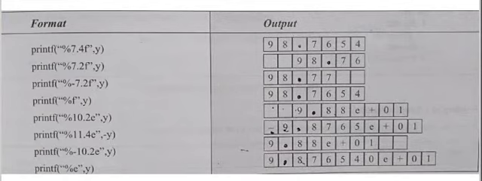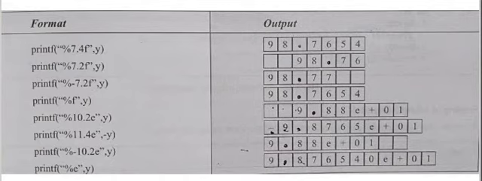So printf %7.4f. Look at the boxes. Total number of boxes are 7. .4 means after decimal point you are allowed only 4 digits. Look at the second one, %7.2f. After decimal point only 2 digits are allowed.